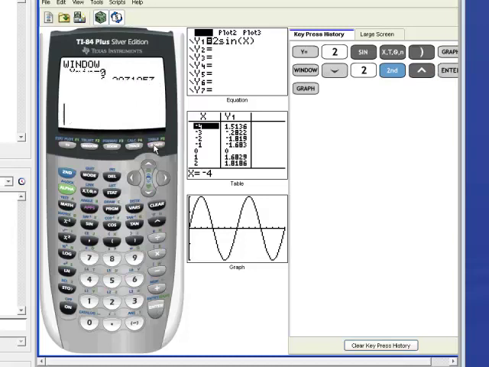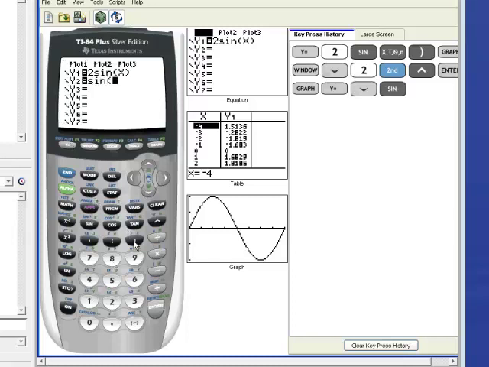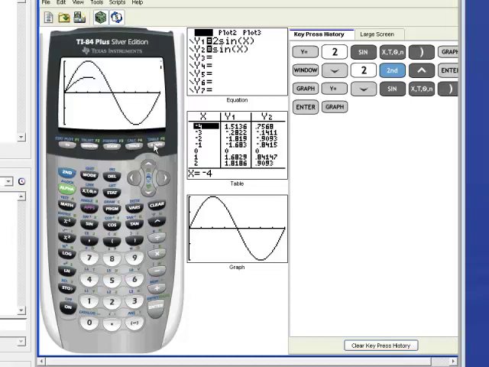I would have to be in radians, of course. There we go. So that's 2 times the sine of x. The normal sine looks like this, sine of x. So what the 2 is doing is it stretches the graph in the vertical. That's what the amplitude is doing, of course.